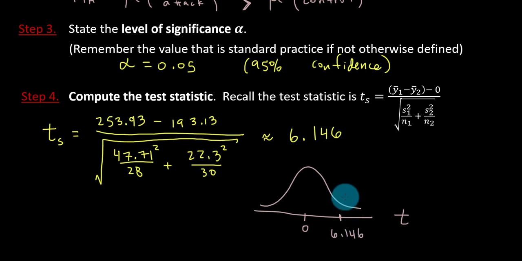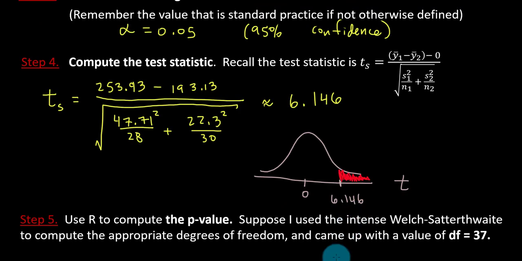So I'm only going to shade to the right of this t-distribution. I am not shading both tails. Hopefully this picture helps guide our calculation of the p-value when we go to R.